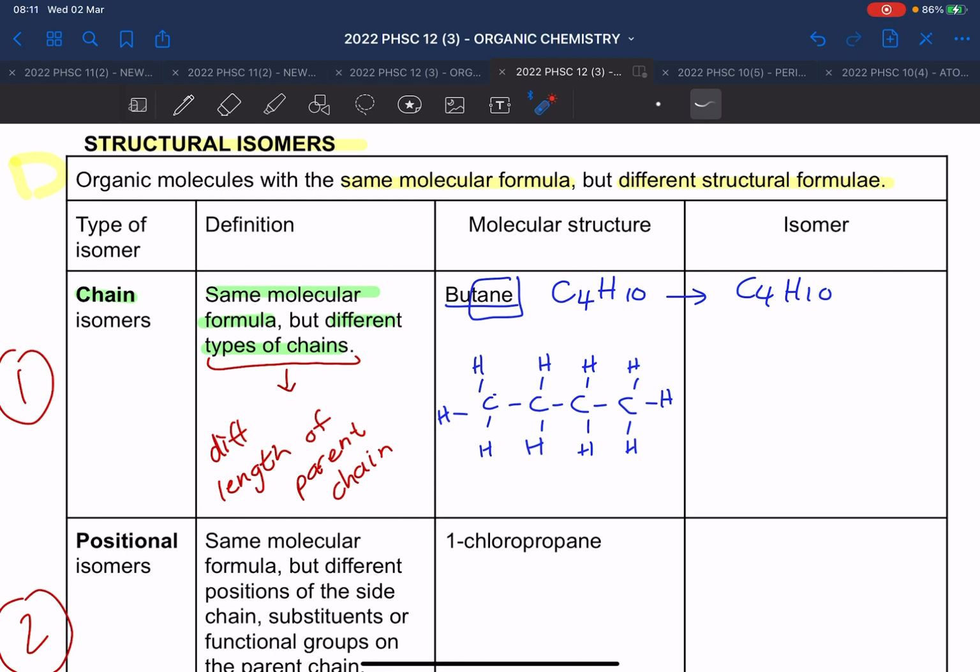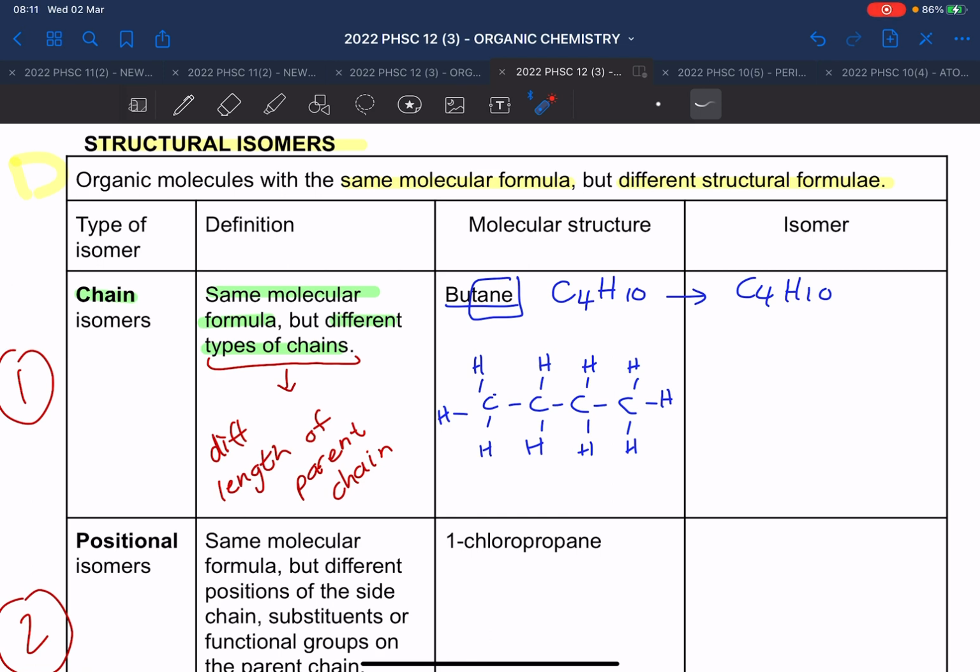There's your clue. Can you combine CH together? No. My clue is on the parent chain. Put a side chain on there. Yeah.